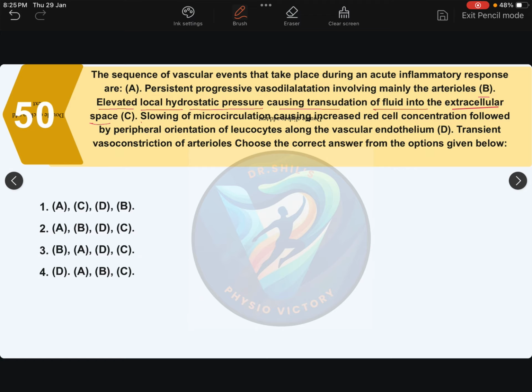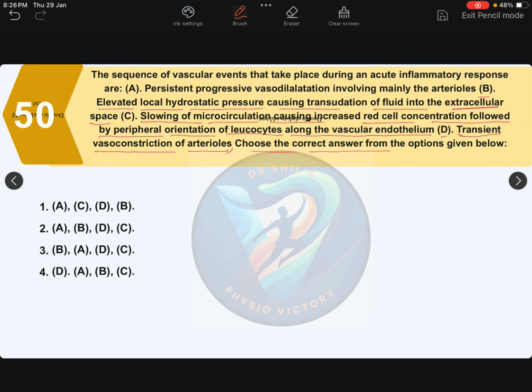C: Slowing of microcirculation causing increased red cell concentration followed by peripheral orientation of leukocytes along the vascular endothelium. D: Transient vasoconstriction of arteriole. Choose the correct answer from the options given.